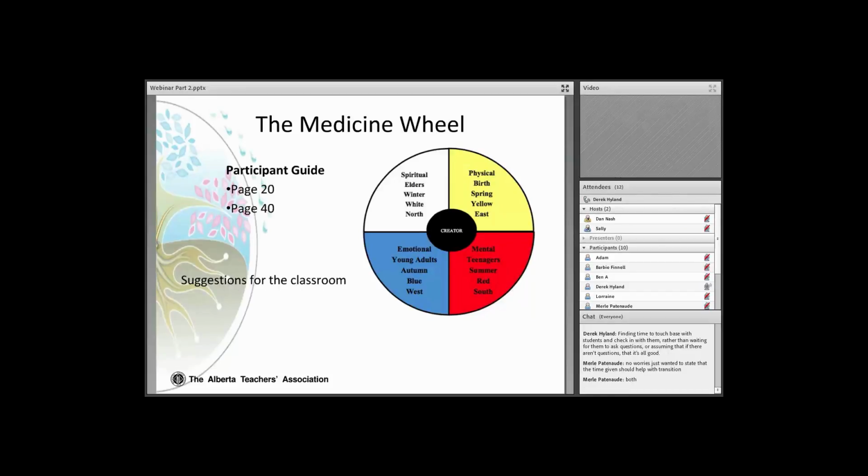And then there's a sharing circle, usually a two-part, one where there could be just general sharing where it goes around: what's going on, what happened on the weekend, what happened last night, any funny stories, anything interesting. And then maybe a second part is kind of a centering to an activity where there's a question about what we're going to be talking about, and then a chance to go around and set out any knowledge that we have ahead of time or any questions or any connections that we have to that, and then move forward from there.